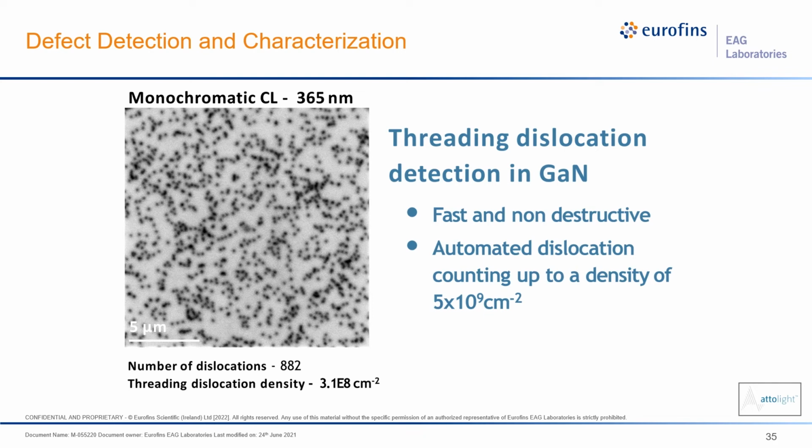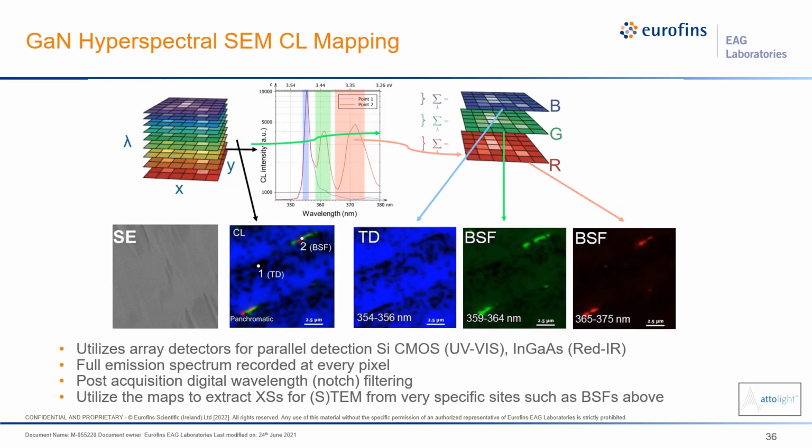We can use the band edge in GaN, and we can do a monochromatic CL scan here. And then each of these dark spots is related to a single threading dislocation. And we can count these in an automated way up to about 5e9 dislocation density. This example shows 3e8 or so. And it's fast and non-destructive.